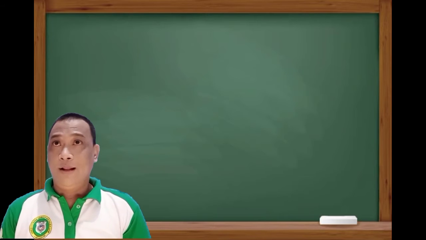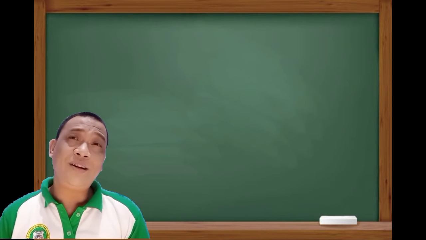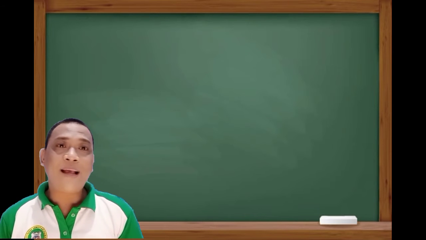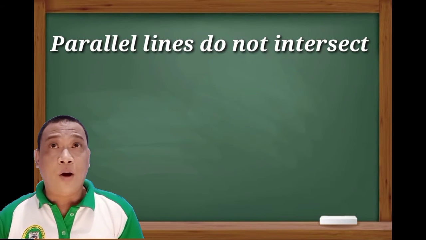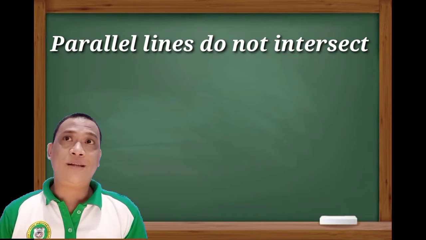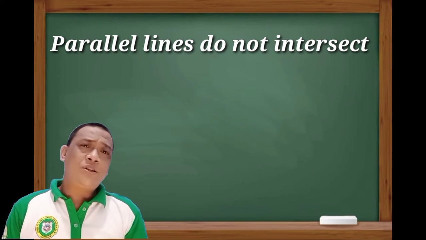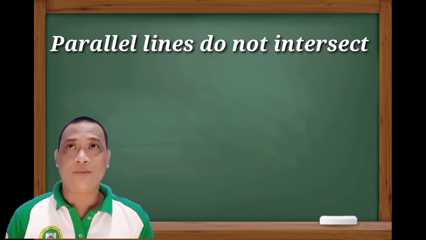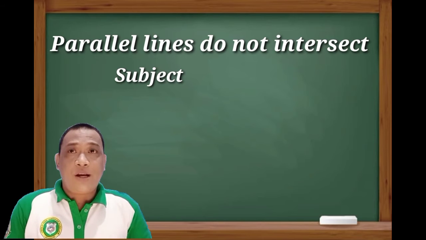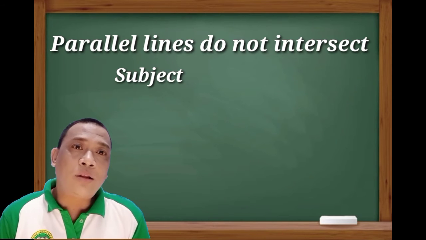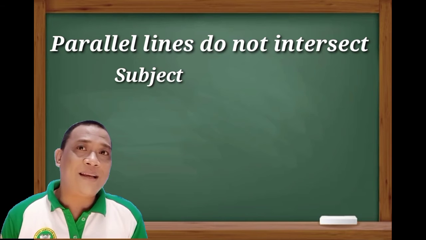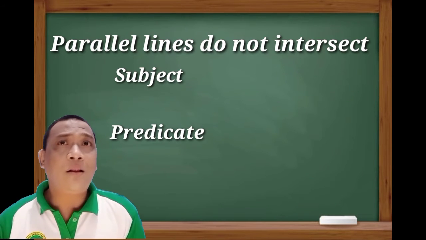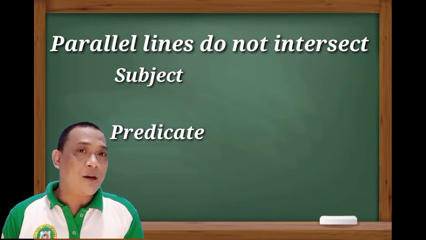Now, let's try to transform a conditional statement to an if-then statement. Let's take this example. Parallel lines do not intersect. First, you have to identify the subject and the predicate. When we say subject, it is what or whom the sentence is about, while the predicate is the clause that describes the subject.